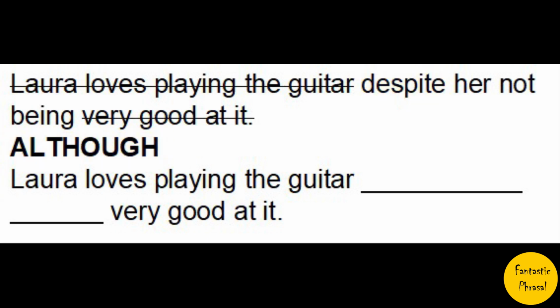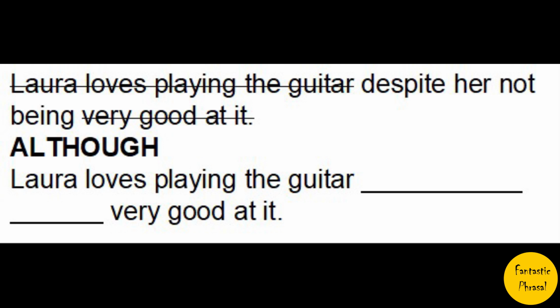If we cross out the information which is common to both sentences, we have a clearer idea of what we have to write. The words which are left in the first sentence are despite her not being. We need to rewrite this using although. I mentioned before that despite and although have similar meanings, but they require different grammar.